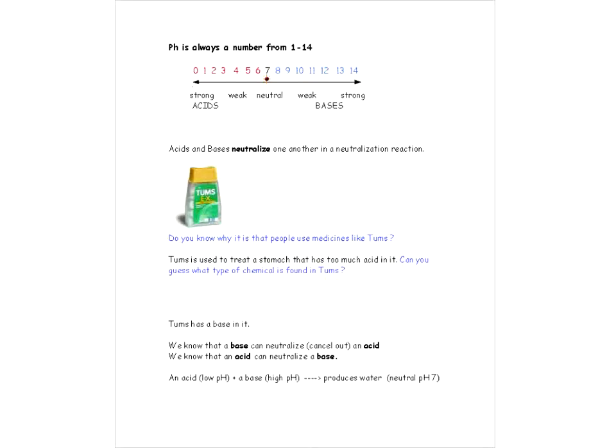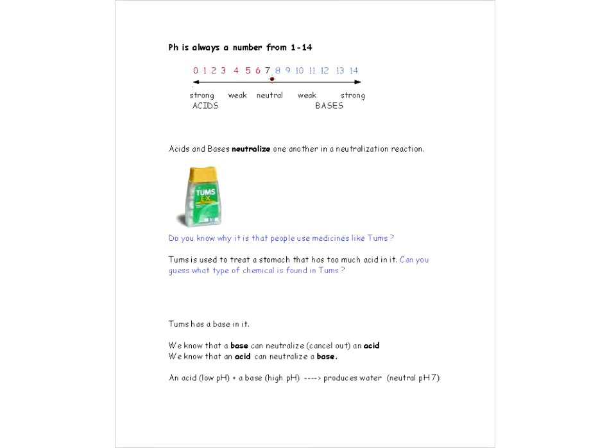Numbers in between are neutral. As we can see, we have strong acids, which are very low or close to 0. As we get close to 7, but still lower than 7, we have weak acids. Strong bases are going to be up near 14, somewhere 12, 13, 14. And weak bases are going to be just a little bit above 7.